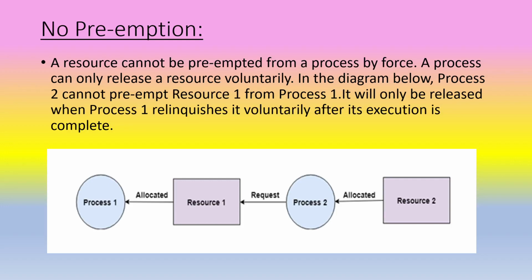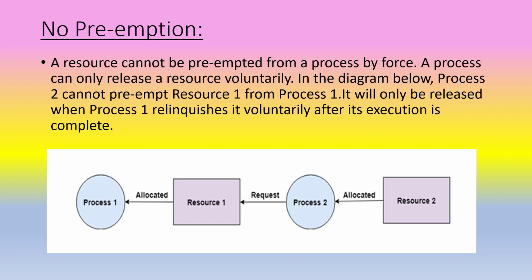In preemptive CPU scheduling algorithms, we can stop one process and continue with another process. But in the case of non-preemptive CPU scheduling algorithms, that is not the case. There we have to complete the execution of one process, only then can we get to another process. That is what preemptive and non-preemptive scheduling algorithms are about.